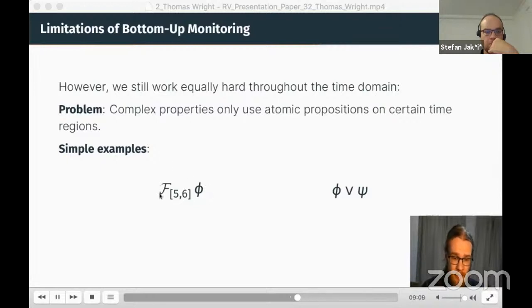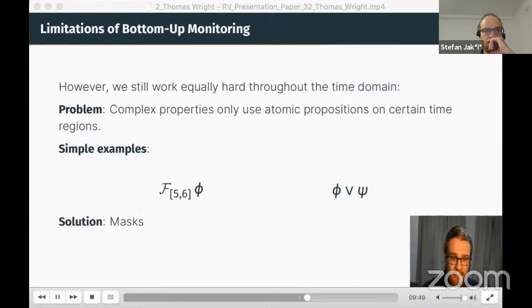For example, if we want to monitor F between 5 and 6 of phi at time t, then we only need to look at phi between 5 and 6 time units in the future. Whereas if we want to monitor phi or psi, and we notice that phi is true at a given time point, then we don't need to look at psi at all at that time point.